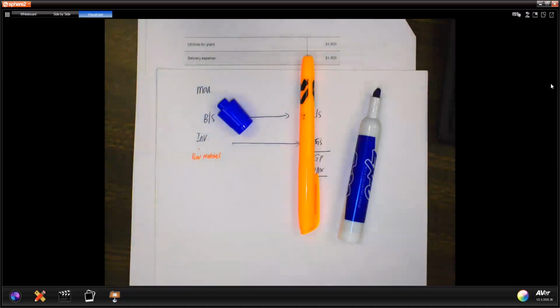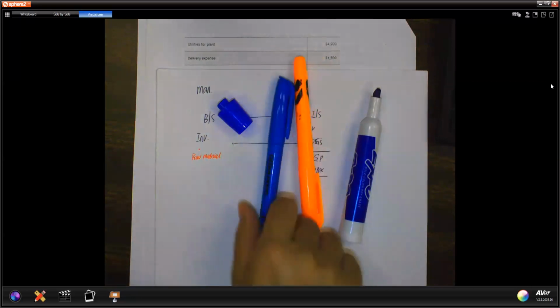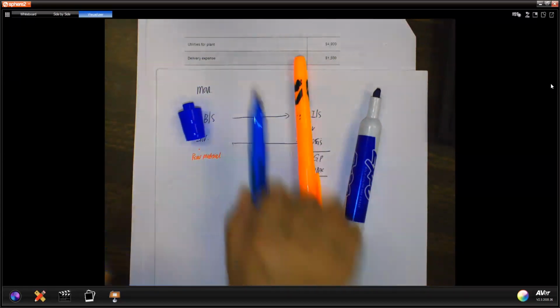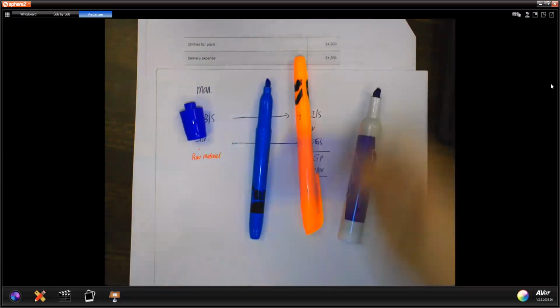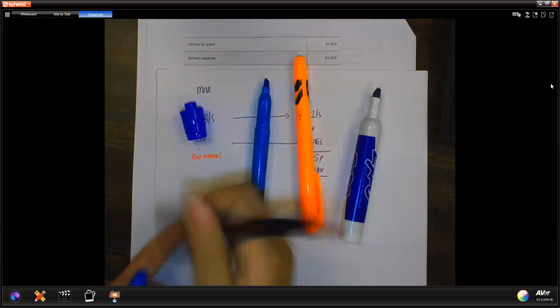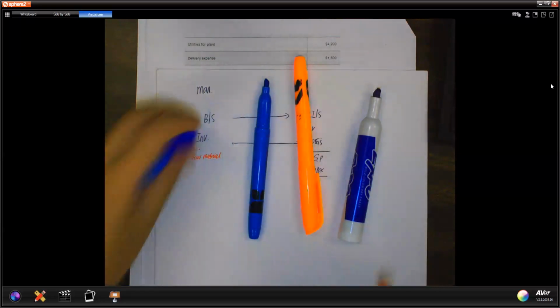And then I also have halfway made products. Instead of finishing this pencil, I just assembled the ink and haven't put the color on it. So that is just a halfway made product.